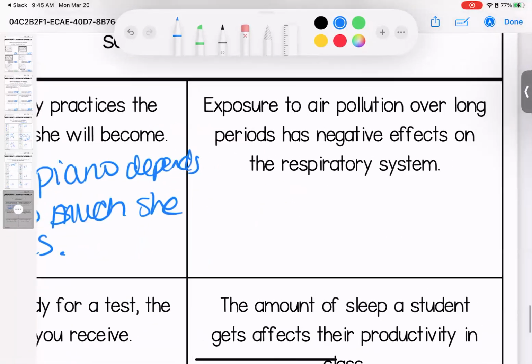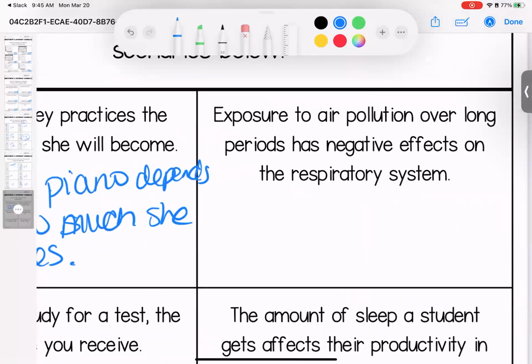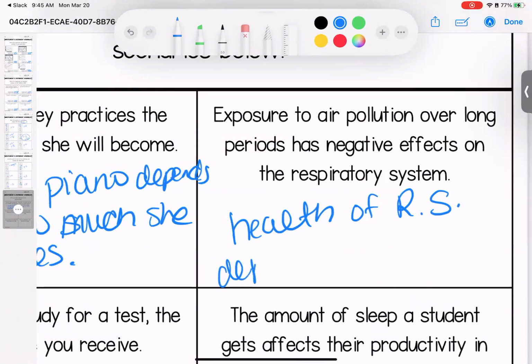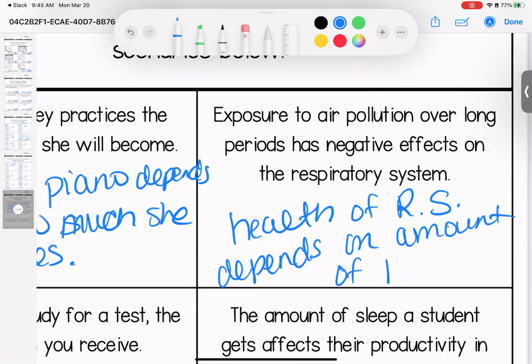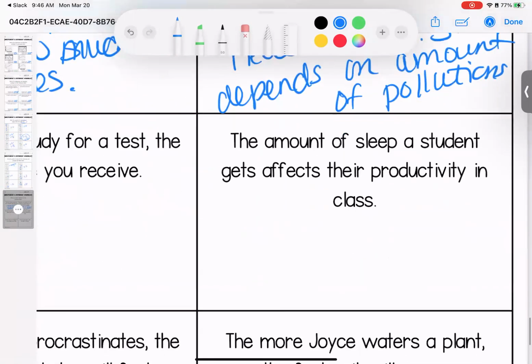Exposure to air pollution over long periods of time has negative effects on the respiratory system. So health of the respiratory system depends on the amount of air pollution. The amount of sleep a student gets affects their productivity in class.